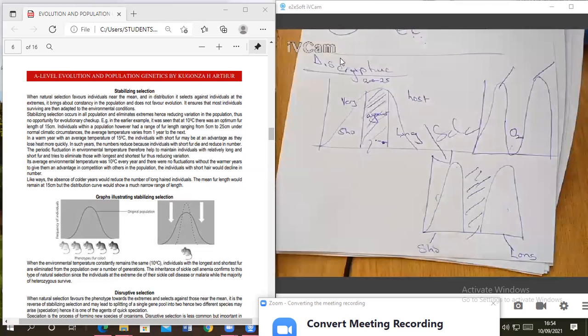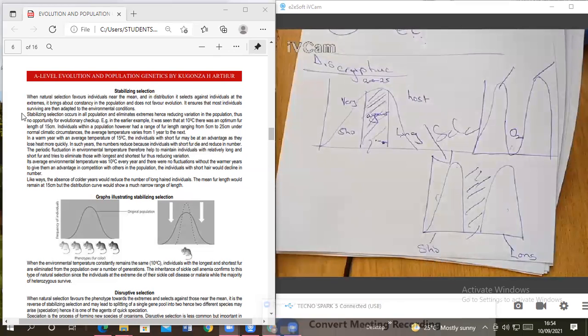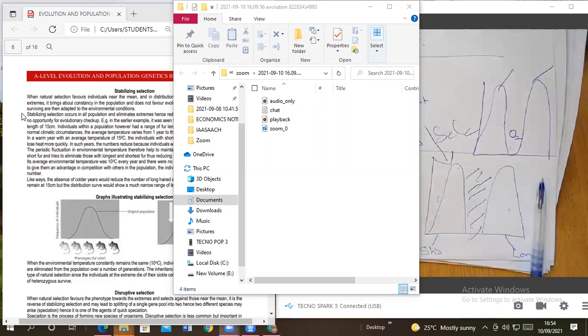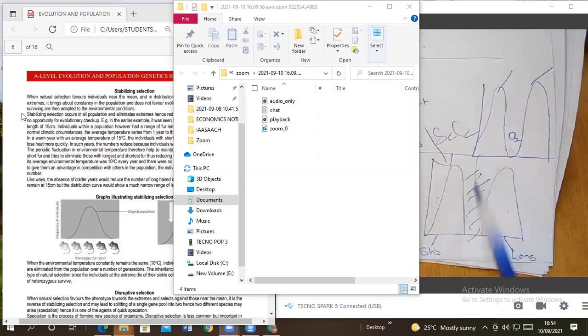Hands up. Yes, Okello? It leads to a discontinuous one. Because we have those ones short and long, there is a clear-cut difference.